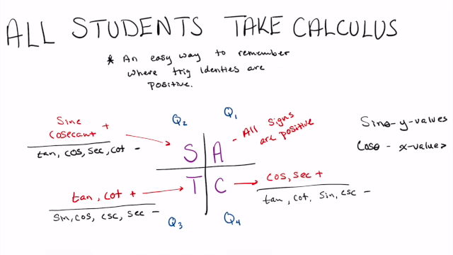That helps because if I am on this side of the x-axis, my cosine values will be negative. Because cosine is negative here, sine is going to be positive there because the y values are up. They're positive. Utilizing just this simple memorization helps me remember where everything is positive.